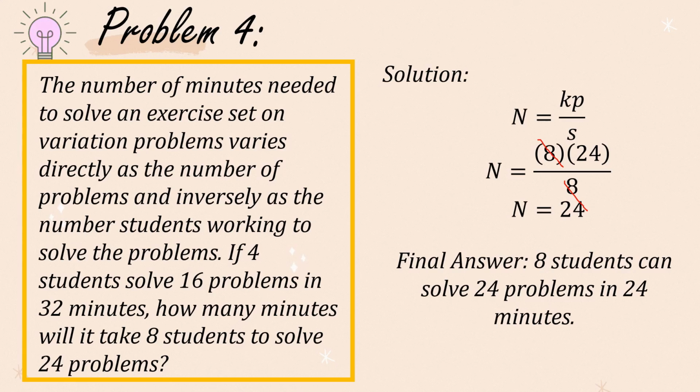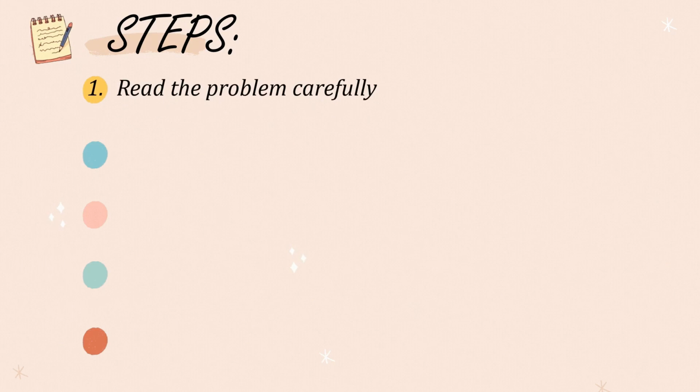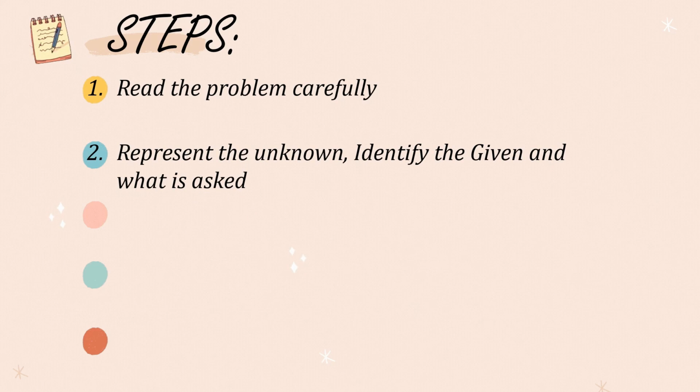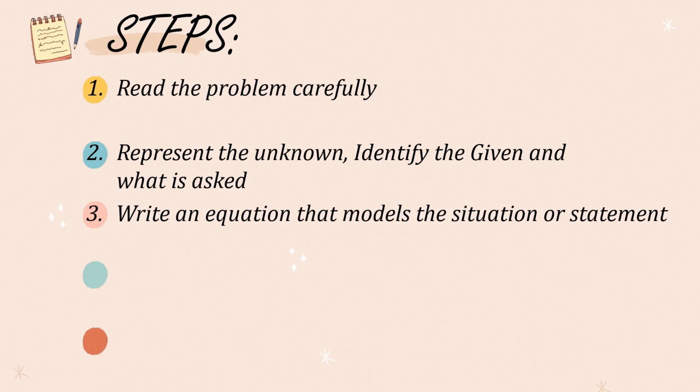So para tapusin natin to, ulitin nga natin yung mga steps na kailangan natin in solving variations. Una, we have to read the problem carefully. Pangalawa, we have to represent the unknown, identify the given, and what is asked. Third, write an equation that models the situation or the statement.